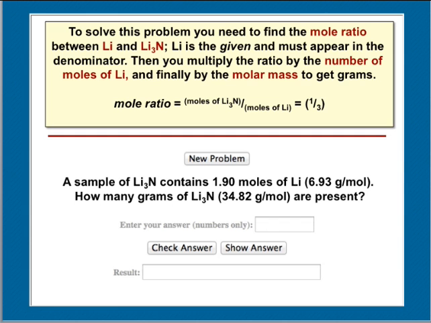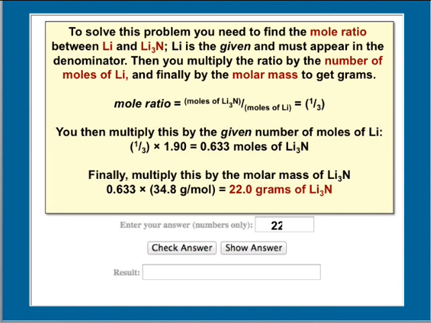Remember, I put lithium in the denominator because that's what we know. That's our given, moles of lithium. Has to be down here. So to get moles, we're simply going to take the number of moles, that's our given, and this ratio. We have 0.633 moles of stuff.